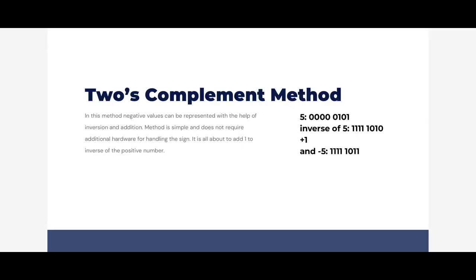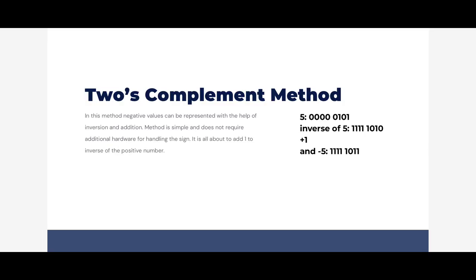In twos complement, negative values can be represented with the help of two operations: one is inversion and the other is addition. The importance of this method is that we don't need additional hardware to handle the negative or positive sign.